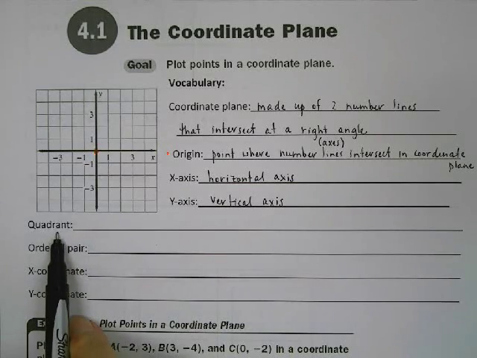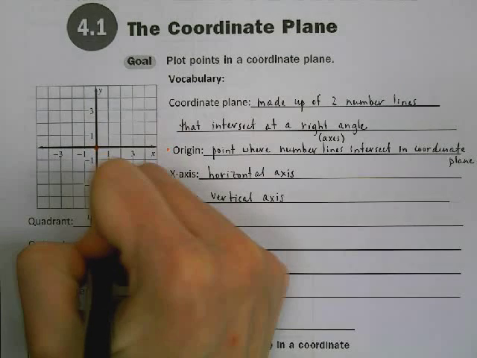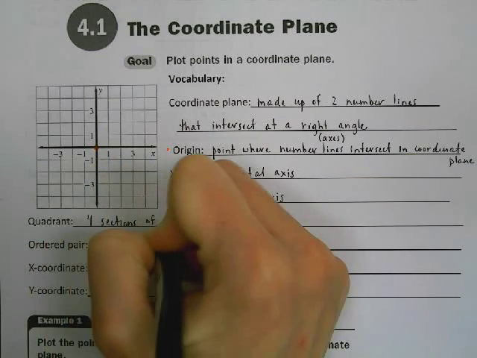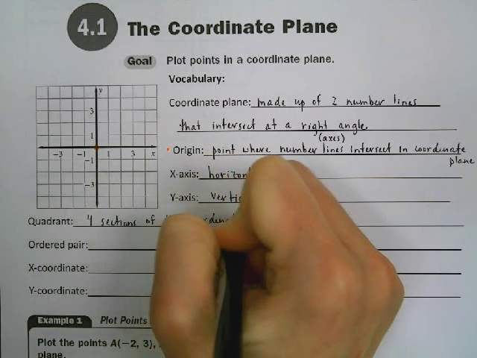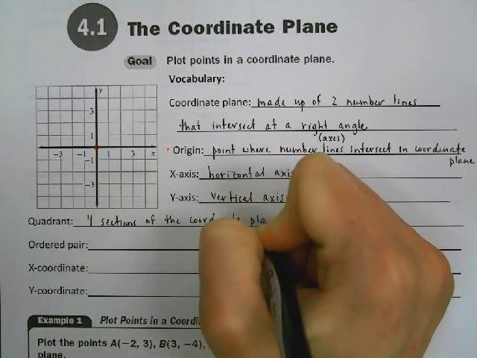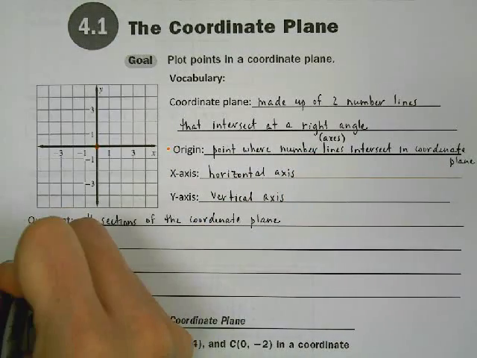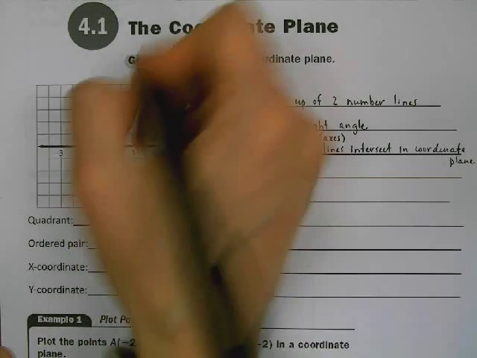So another important term we need to know is a quadrant. Quadrants are just the four sections of the coordinate plane. And we have a really specific way that we number those sections. So quad obviously means four. We start up at the top right-hand corner here.